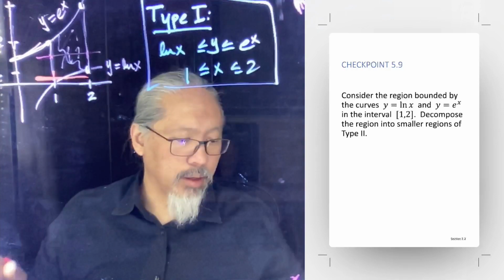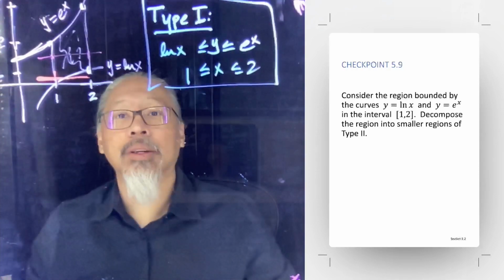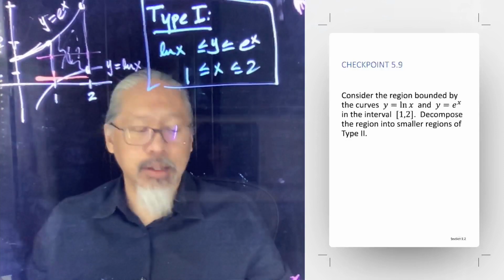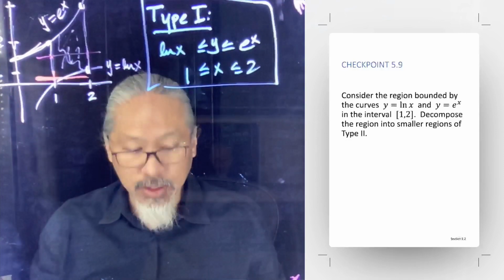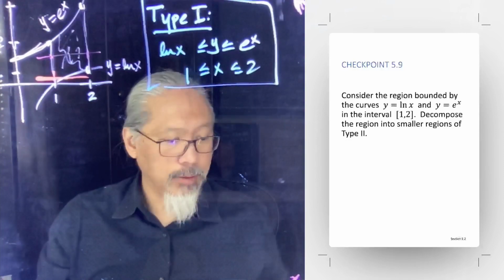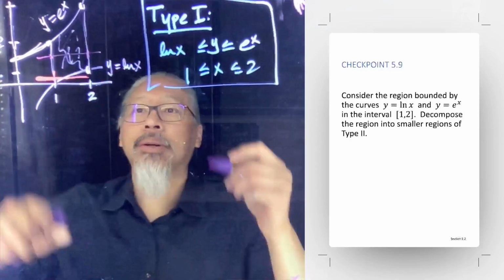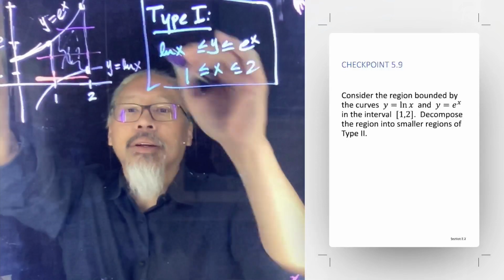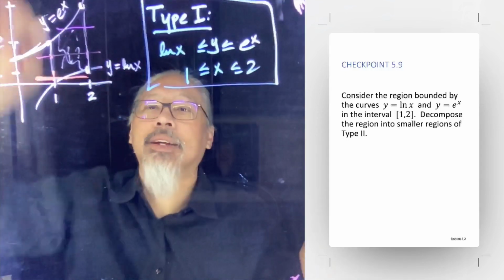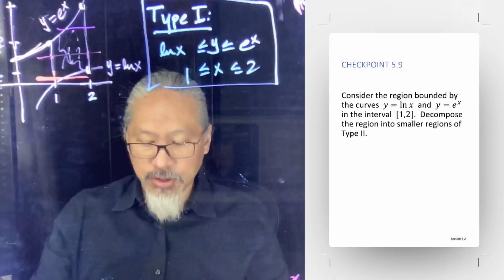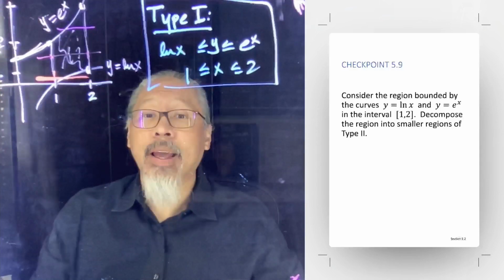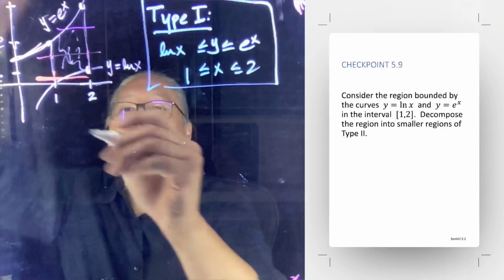So therein we have an issue in that we're going to need to, like they said, decompose this into different smaller regions. Not only that, but if we draw a line up here, we're going to get yet another set of different functions.